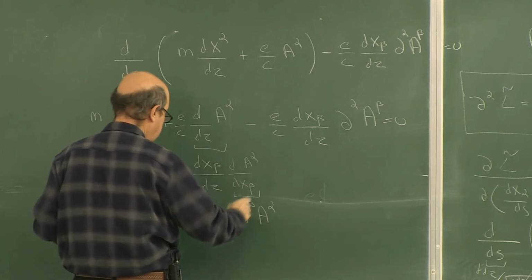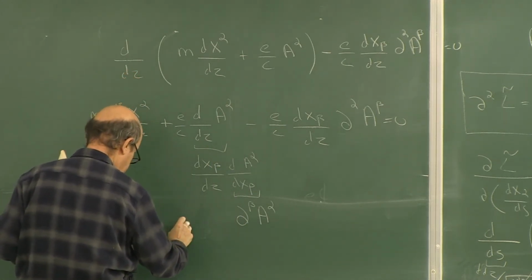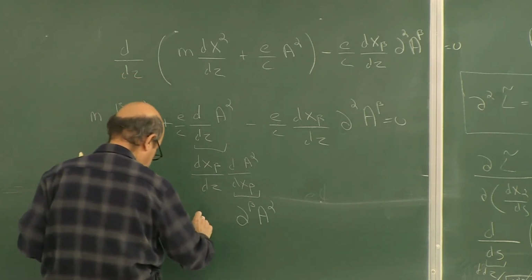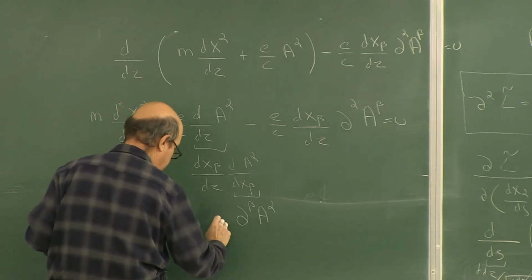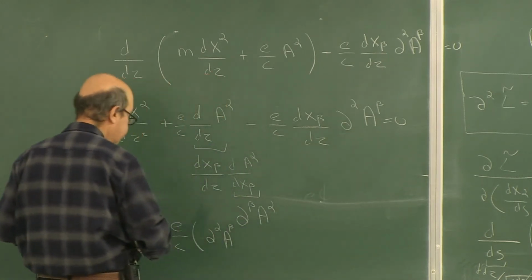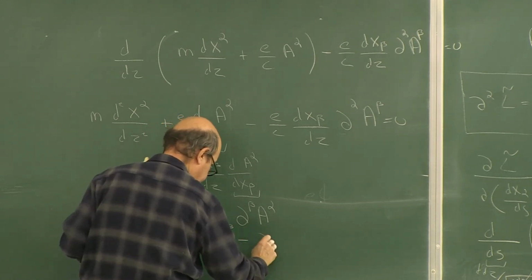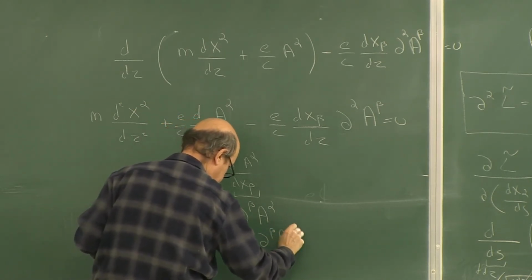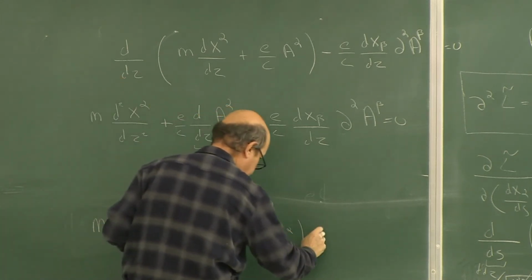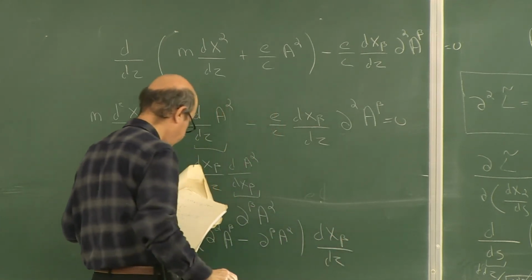So if you take the things to the other side, this goes positive, this goes as a negative. In the e over c parenthesis, what you are going to obtain? You will obtain del alpha A beta if you take this to the other side. And if you take this to the other side, that will be minus del beta A alpha, and multiplied with dx beta over d tau.